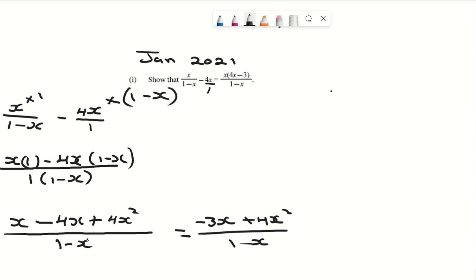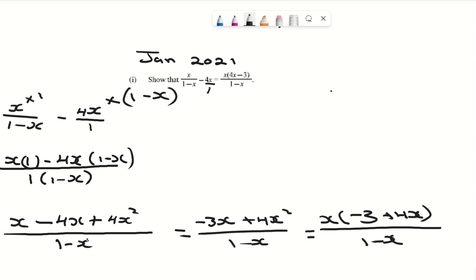Now, what number or letter could go into minus 3x and 4x squared at the same time? x, they have x in common. So x, open bracket, x by what would give you minus 3x? x by minus 3. And then x by what would give you plus 4x squared? That would be x by plus 4x, all over 1 minus x.